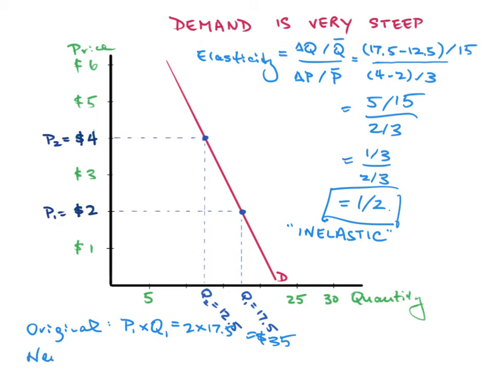Then after the price increase, revenue is P2 times Q2, so 4 times 12.5, which is 50. So revenue increases. Okay.